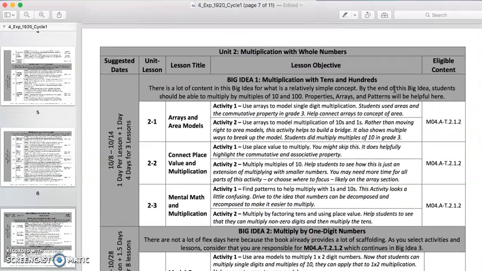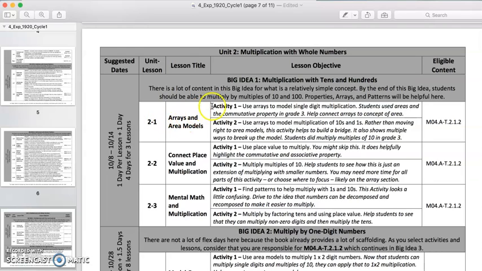Then we come down, and you'll see the same thing for Unit 2. Each lesson has a title, activity, objective of the activity, notes about the activity, and eligible content for the lesson. Each chunk of lessons is broken into a big idea with some notes about the big idea. Each big idea has the dates that you have for teaching that chunk of lessons.